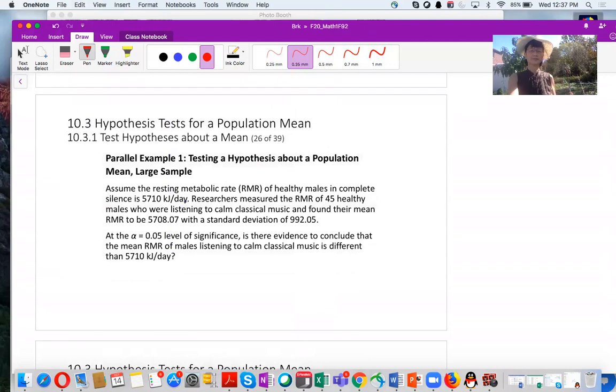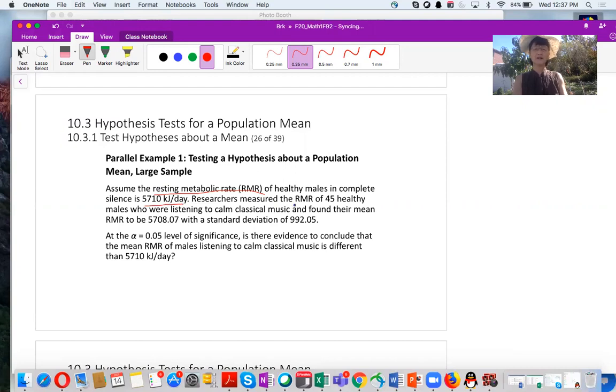Example. Assume the resting metabolic rate, RMR, of healthy males in complete silence is 5,710 kcal per day.